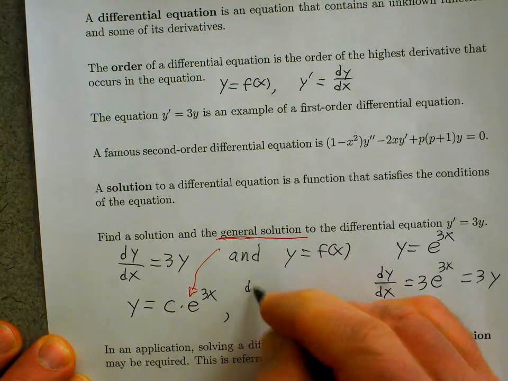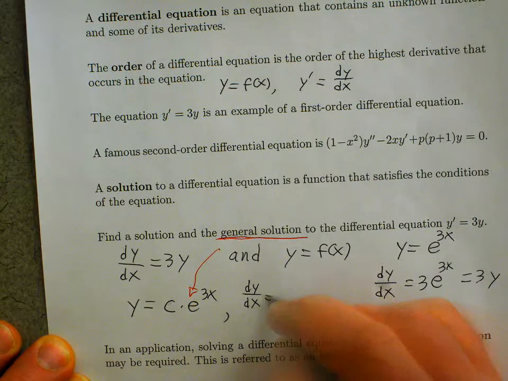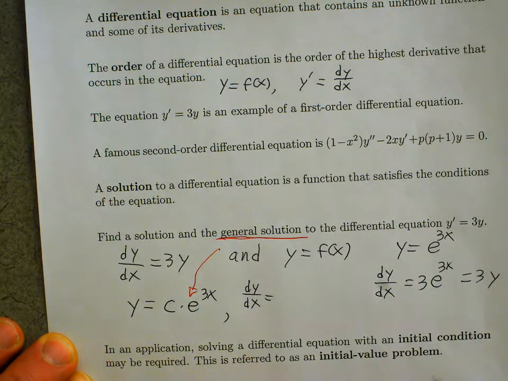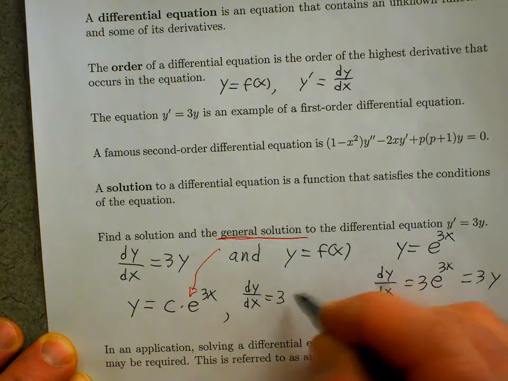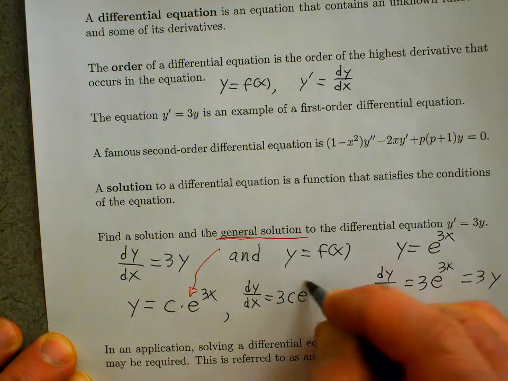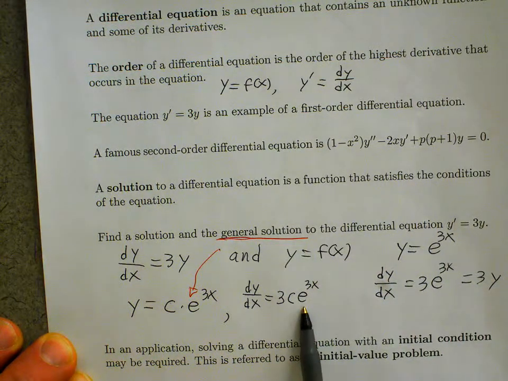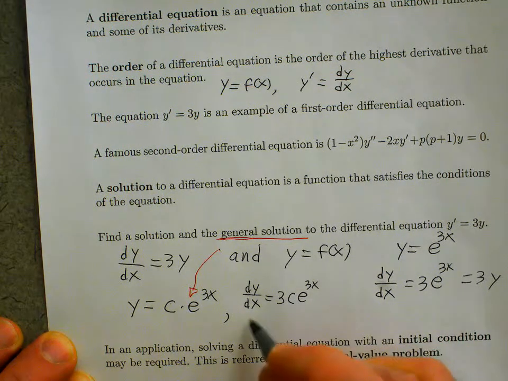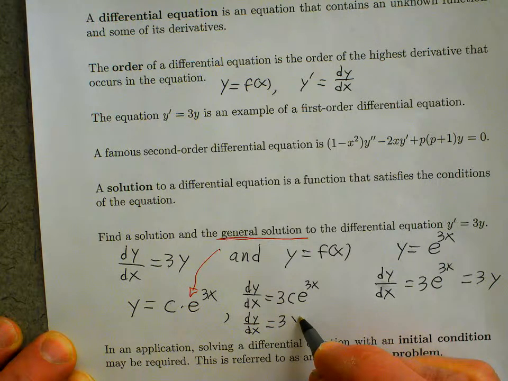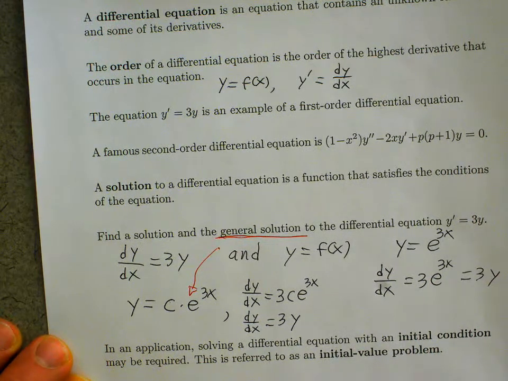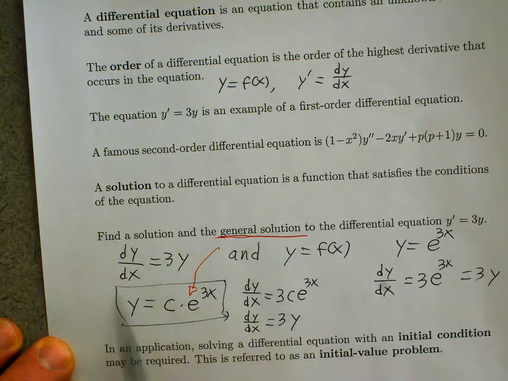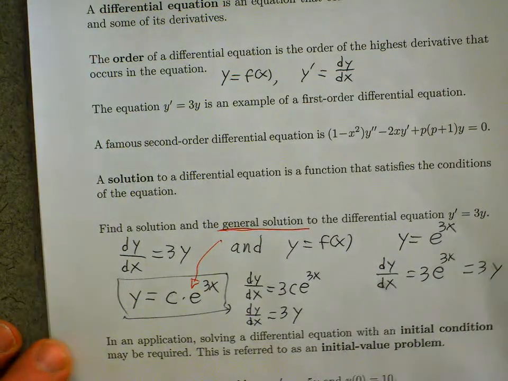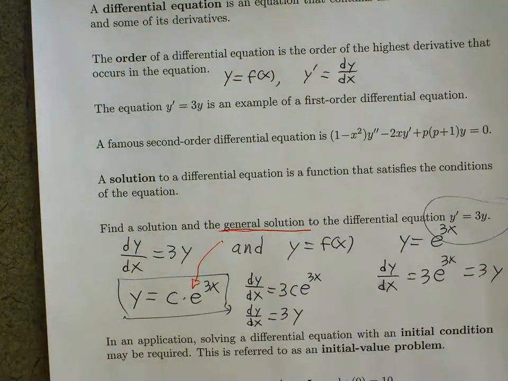If you take the derivative of y with respect to x, you get 3 times c e to the 3x. And c times e to the 3x is just what y is. So dy dx is 3 times y. So this is called the general solution to this particular differential equation. Not too bad, pretty easy to follow.